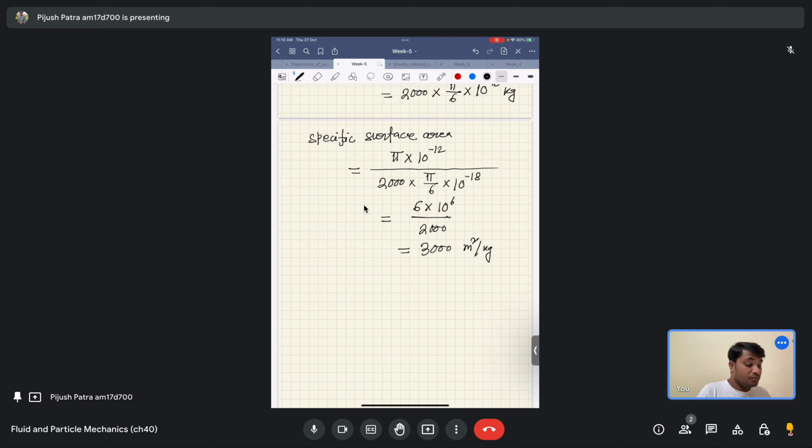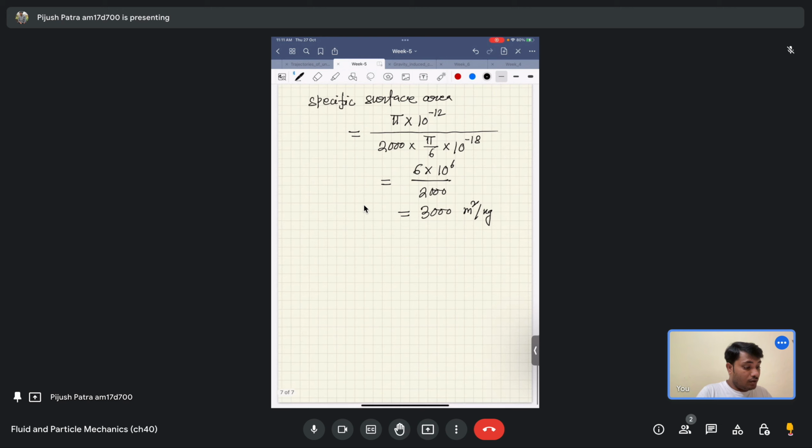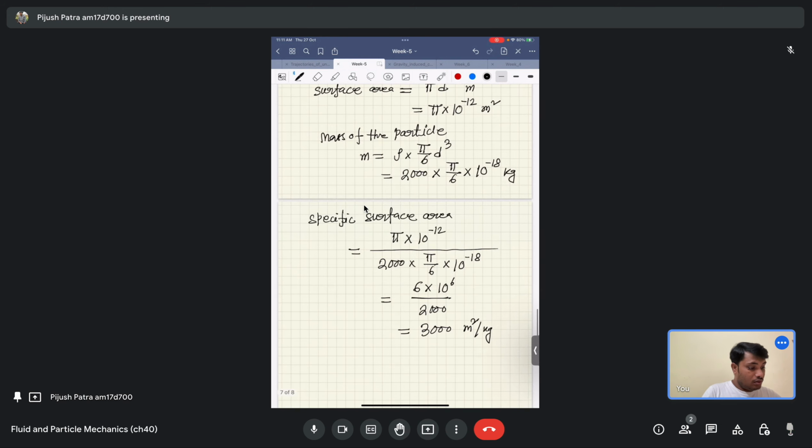But there might be different problems where the forces may not be only the inertia force and the viscous force. There might be some other force which is important. So let me write it one by one. It should be useful, I guess.